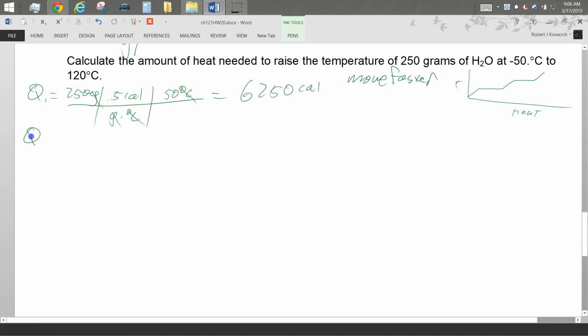All right, so now I've got this water up to 0. So now what can I start doing with it? I'm not going to heat it. Now I'm going to start to melt the water. So that's going to cost me 80 calories per gram, and I've got 250 grams. So 250 times 80, 20,000 calories.